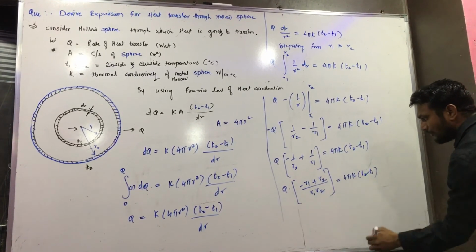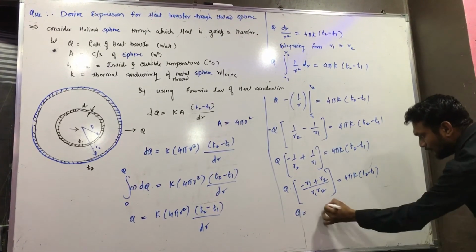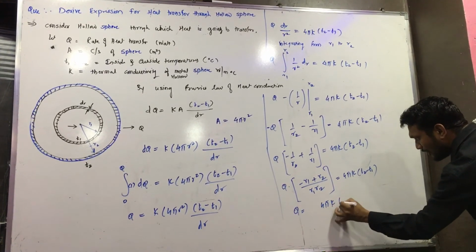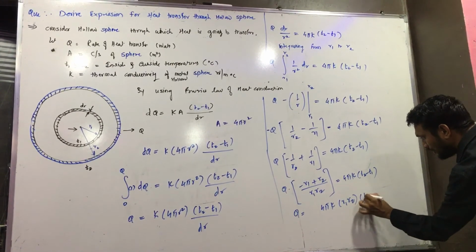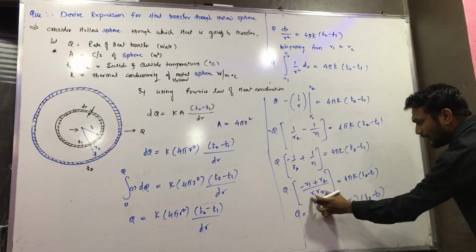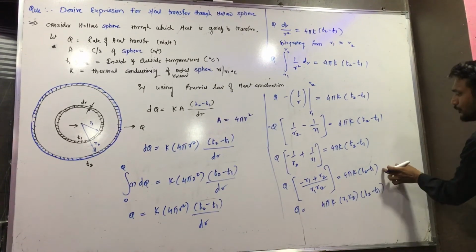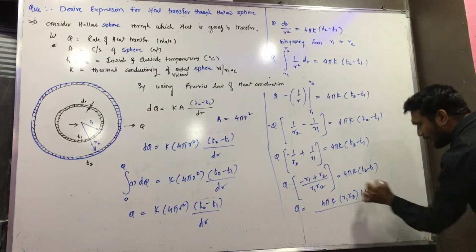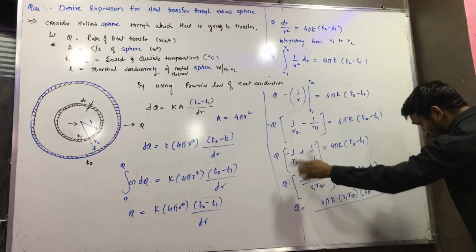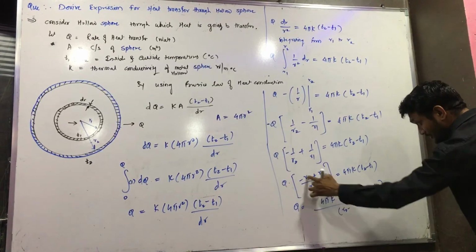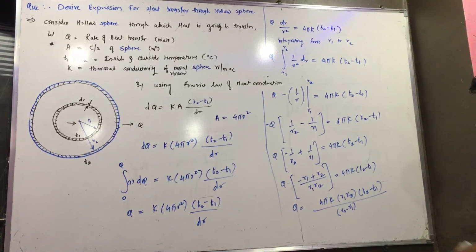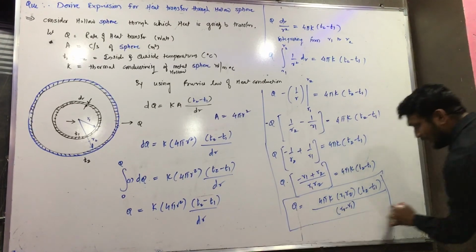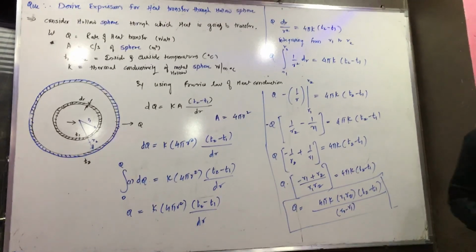Once again, on cross multiplication R1 is minus and R2 is plus, whole divided by the denominator R1 into R2. Simplifying, Q is finally equal to 4 pi k R1 R2 (T2 minus T1), because the divided term comes to the other side and multiplies, whole divided by (R2 minus R1). So this is the derivation for heat transfer through a hollow sphere. Thank you.